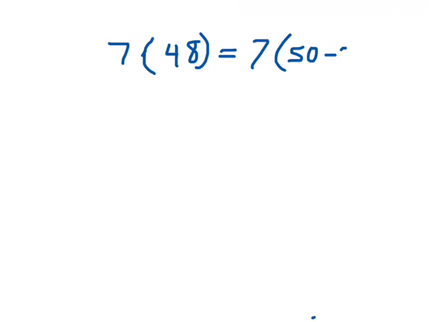It's nice to know that it works both ways. For example, let's say I'm trying to multiply 7 times 48. Well, again, I can rethink what 48 is. I might say, well, 48 is a lot like 50 minus 2. I don't have to do 40 plus 8. I could think 50 minus 2 is also 48. And then 7 times 50 is 350, and 7 times 2 is 14.